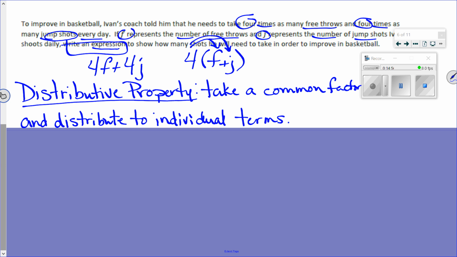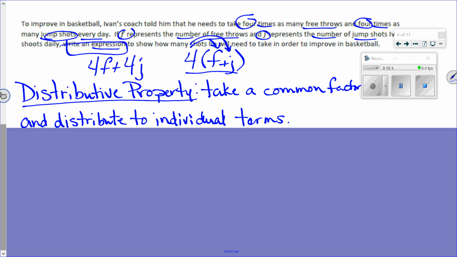This is one of the few spots where you could have either addition or subtraction inside. It doesn't matter. But it's one of the few times you're going to see a combination of multiplication and another operation. Most of the other properties we talk about deal with one specific operation. It's one of the few where you'll see different ones combined. So if you ever see that term again, distributive property, that's what it's talking about.